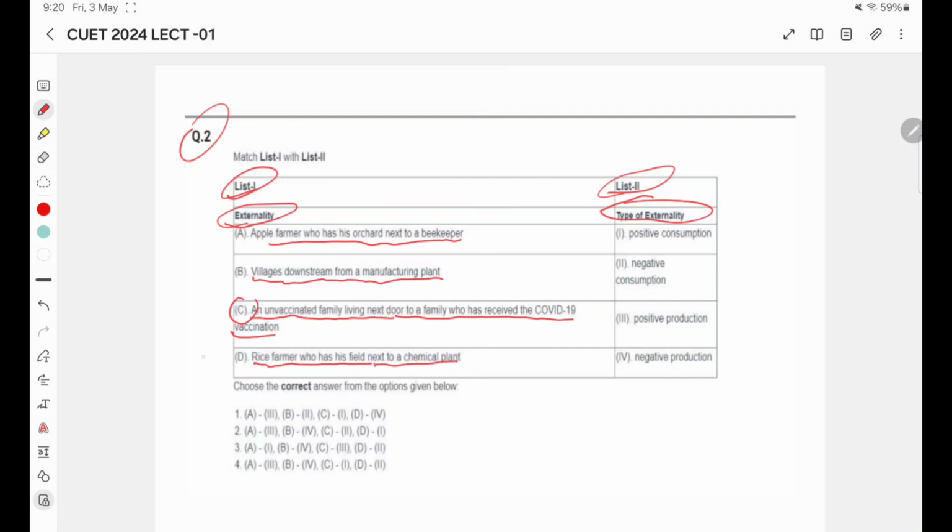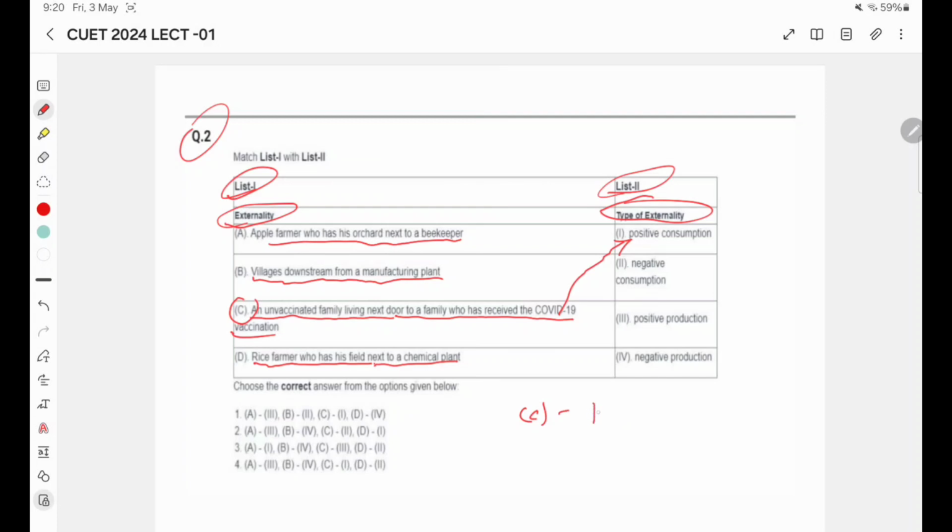As you know, this is the positive externality of consumption, because there is a vaccinated family and another unvaccinated family living there. So the vaccinated family is giving positive externalities of consumption to the unvaccinated family. So C is positive consumption externalities.